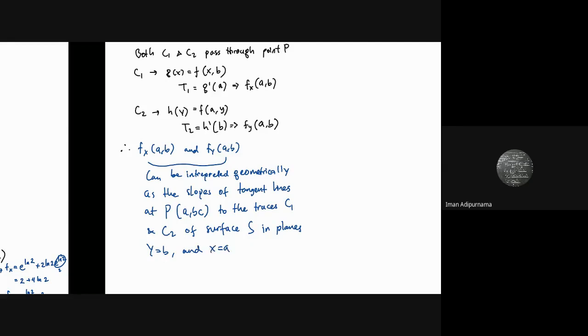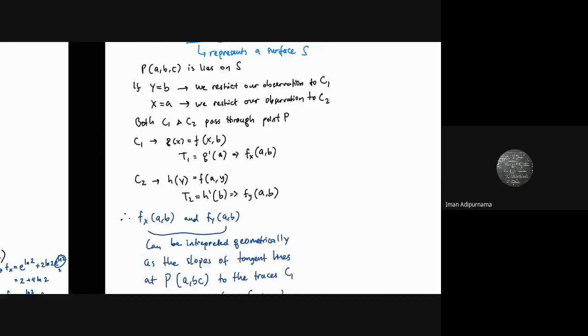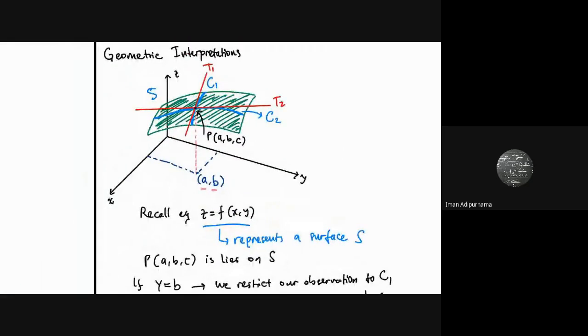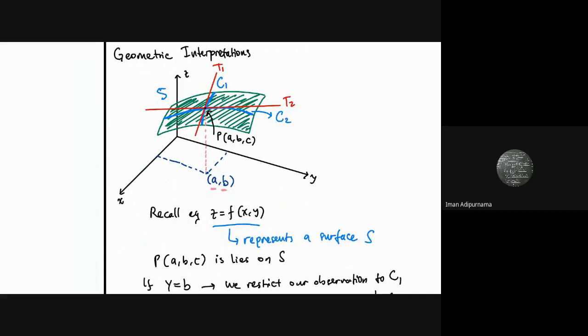Okay, if you are confused about the words here, let's just imagine when you have this point here, you will have a plane. So for example, x equal a, maybe a is here, and y equal b, b is here, and we can have a plane that is like that, for example, or a plane like that.